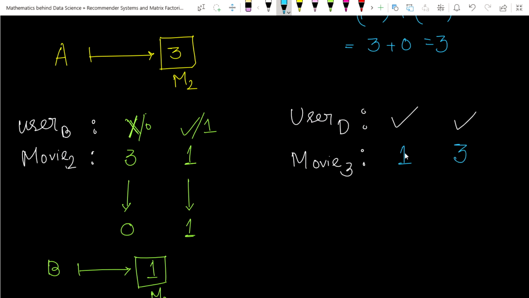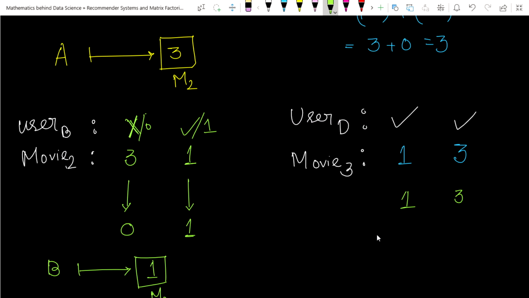Then what can we conclude? Since the movie is already rated by previous users 1 for comedy and 3 for action, and since user D loves both comedy and action, can we not expect he will also give a 1 rating for comedy and a 3 rating for action?